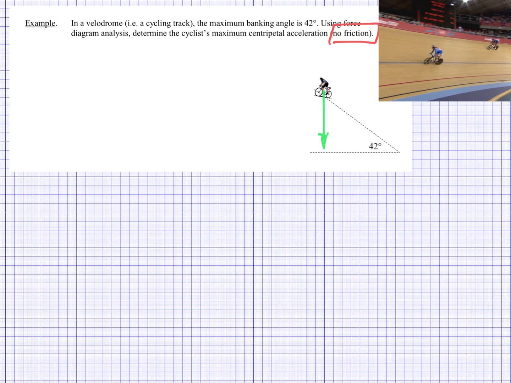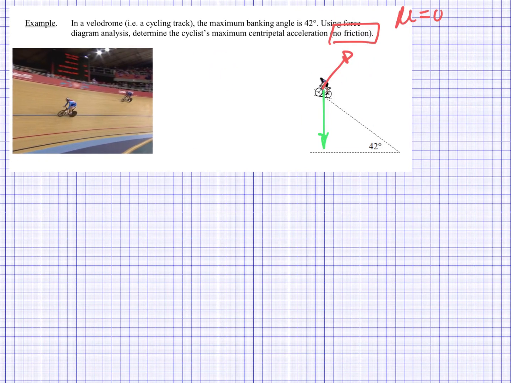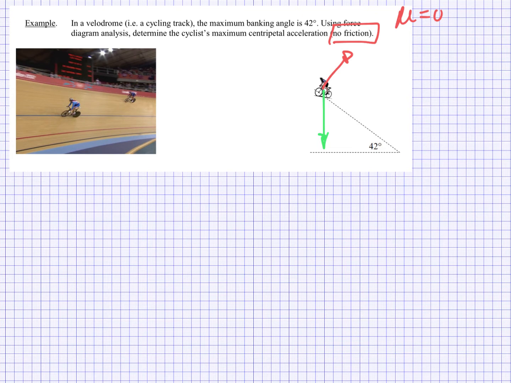So you've got your Fg, you would have your Fn, and you would have the components of that Fn, which would be here and here. So let's go label this. That's not Fg, that's Fn. Fg's down the bottom right here.